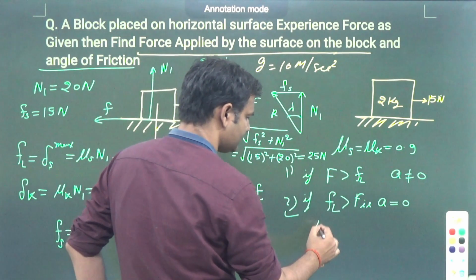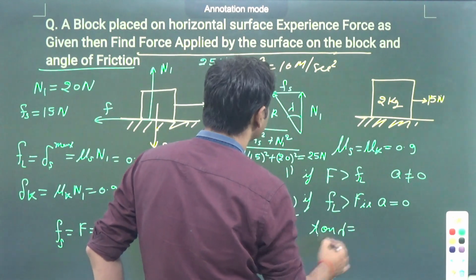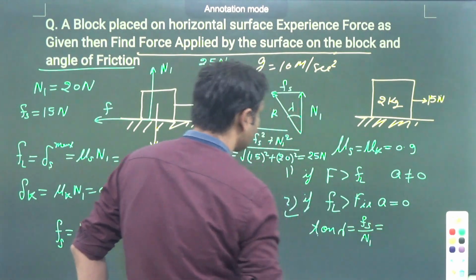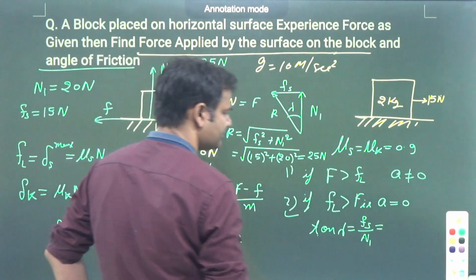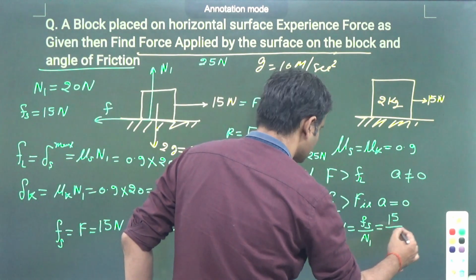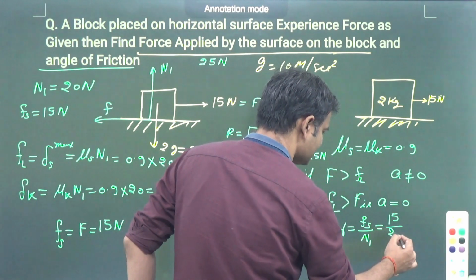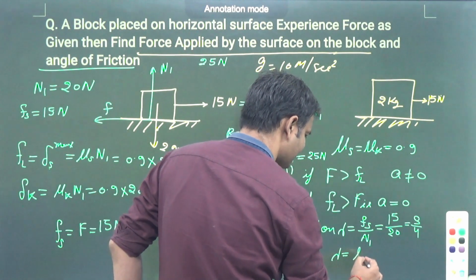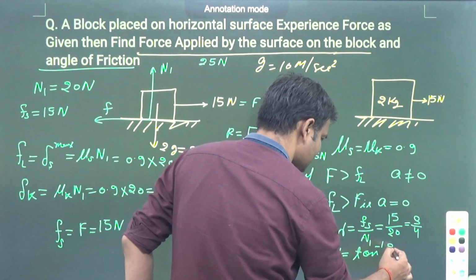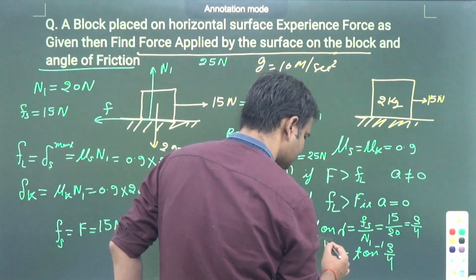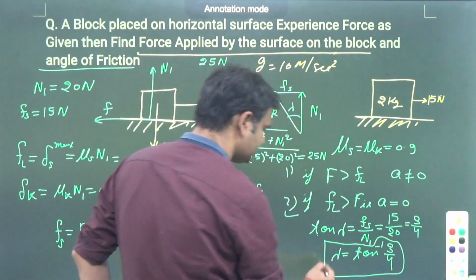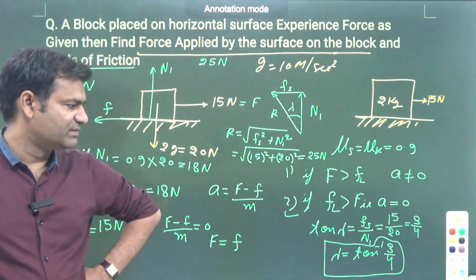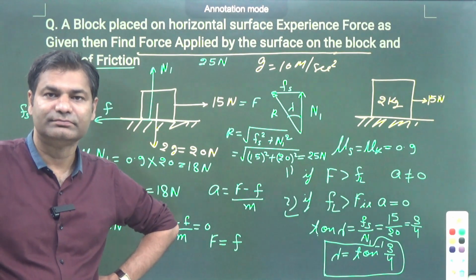So tan lambda is Fs divided by N1, which is 15 by 20, so 3 by 4. Lambda is tan inverse of 3 by 4.